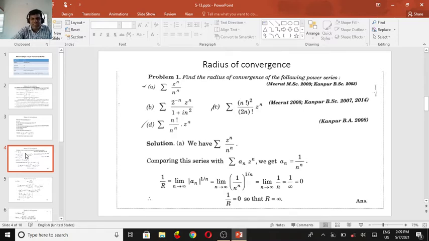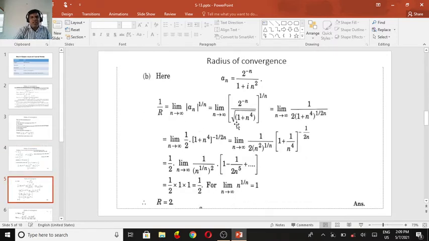So if you take one more example, the summation of 2 to the power of minus n z^n divided by 1 plus i n squared. So here, if you take a_n, a_n is equal to 2 to the power of minus n divided by 1 plus i n squared.